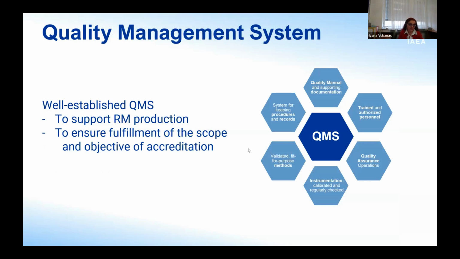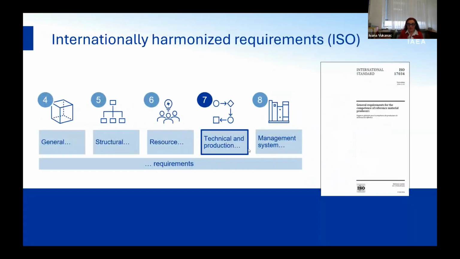To support reference material production, we have a well-established quality management system, and to achieve international harmonization of reference material production, it is in line with the requirements of ISO 17034.